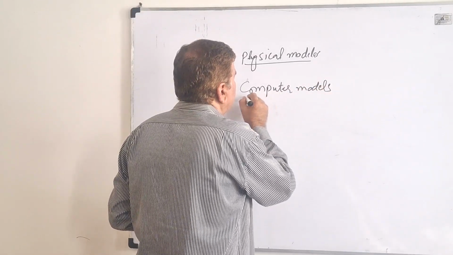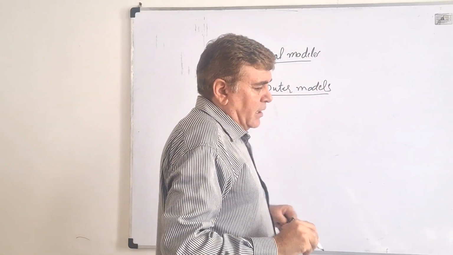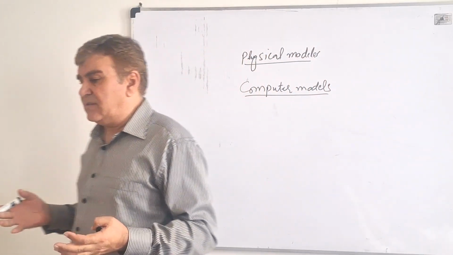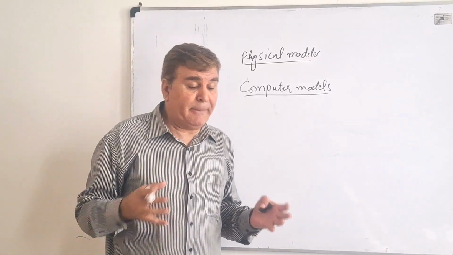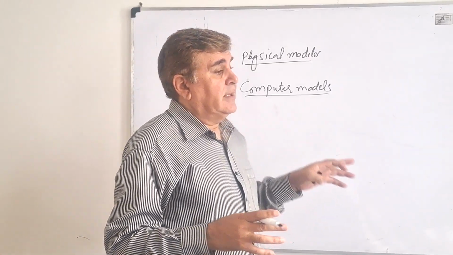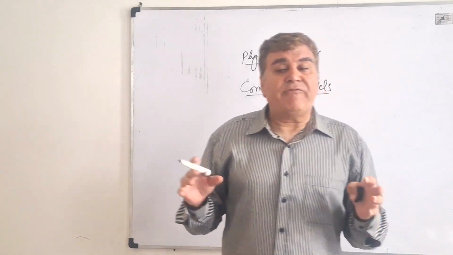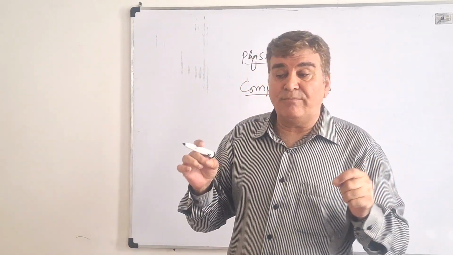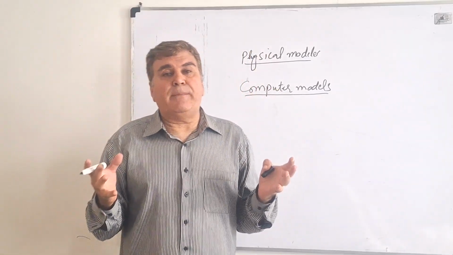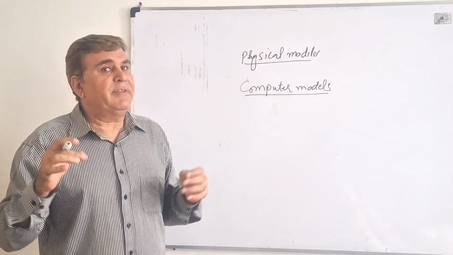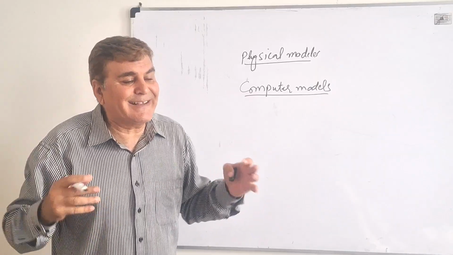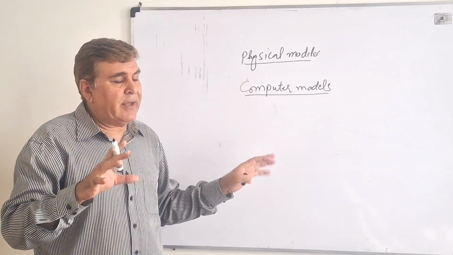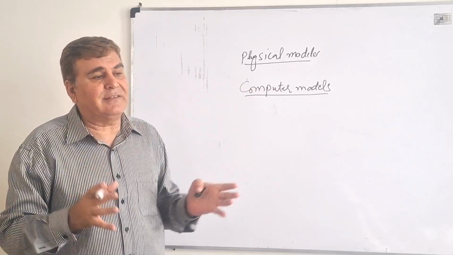Computer models are models that are used to study the behavior of certain physical events, certain physical phenomena, but in these models, the objects that are used are not physical. We cannot touch those objects, although we can visualize them on the screen of our computer. They are not existing physically on the screen, but that is an image that the software in collaboration with hardware shows us.